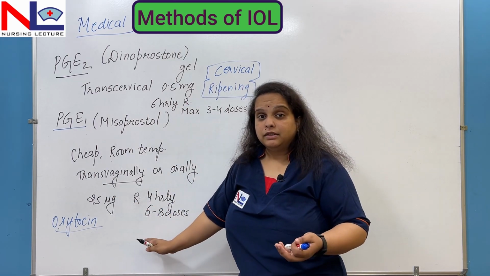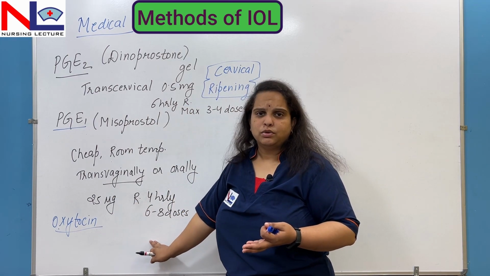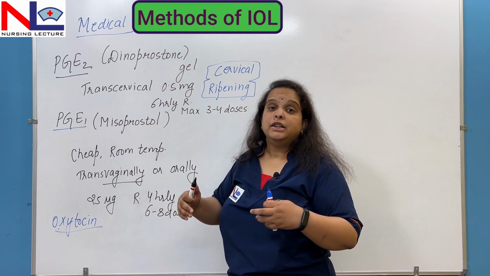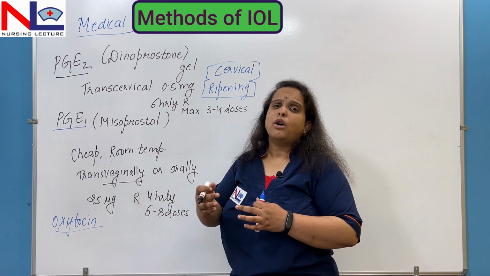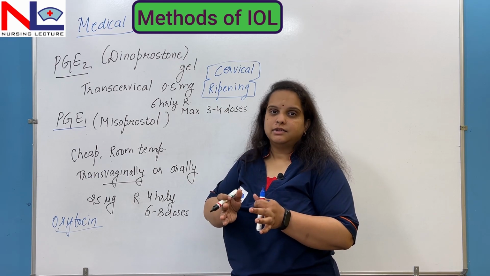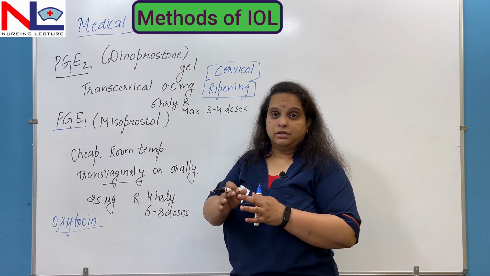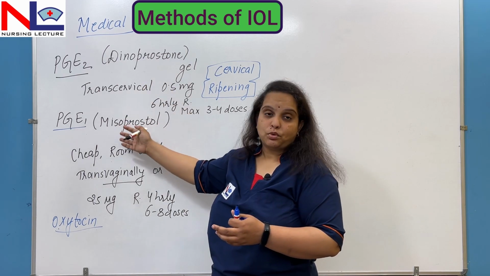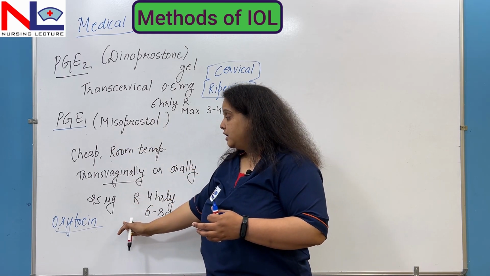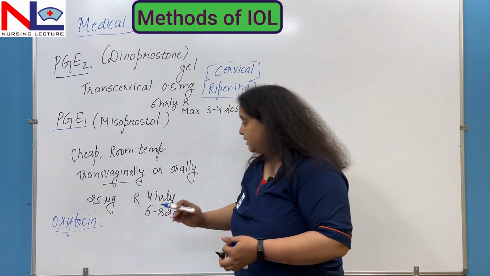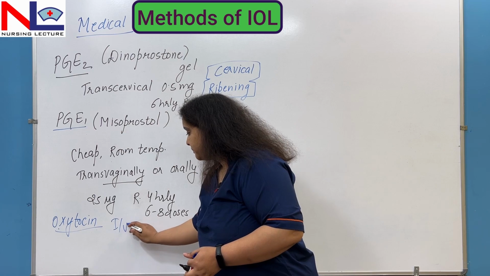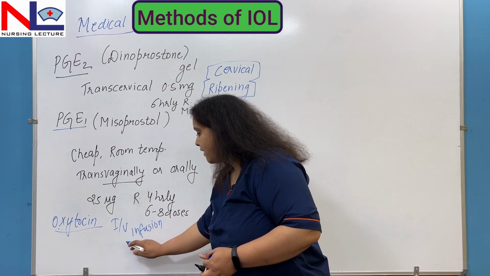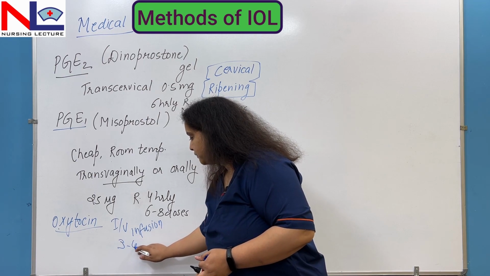But if the score is good, then we can use oxytocin, because it can stimulate uterine contraction. Although it also releases some prostaglandins, it does not ripen the cervix as much as prostaglandins do. We give oxytocin as an IV infusion, because the half-life of this drug is 3 to 4 minutes.